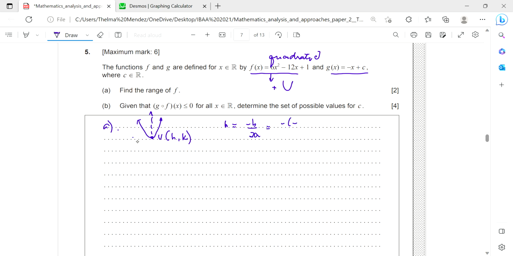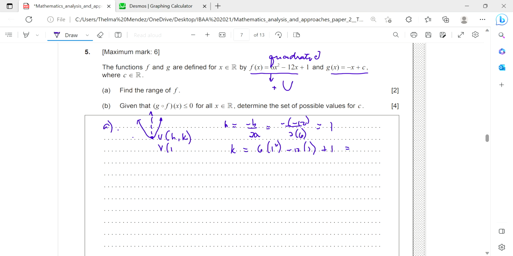So our vertex has h and k as the coordinates, where h is the same as negative b over 2a. So negative of negative 12 over 2 times 6. So we shall have 1 as the x value. Now we solve for our k by substituting the values. 6 times 1 squared minus 12 times 1 plus 1.